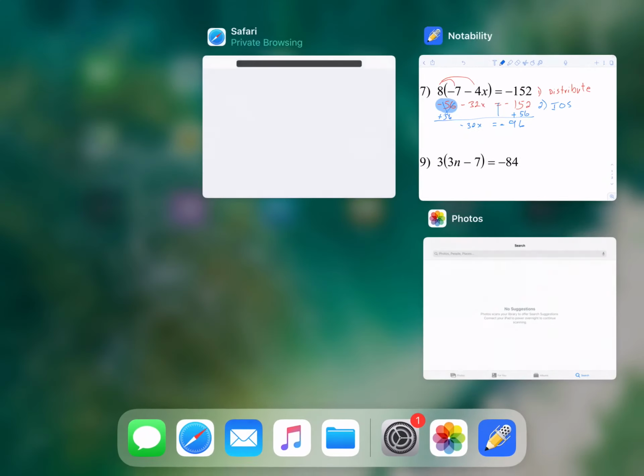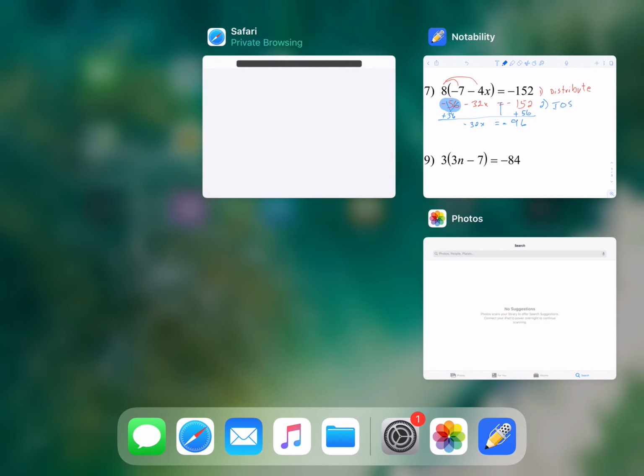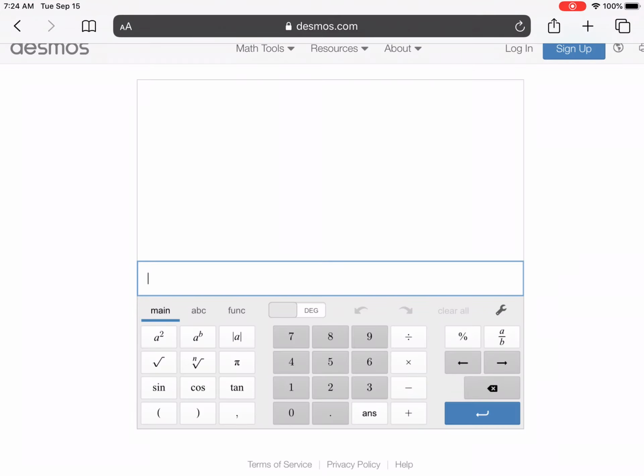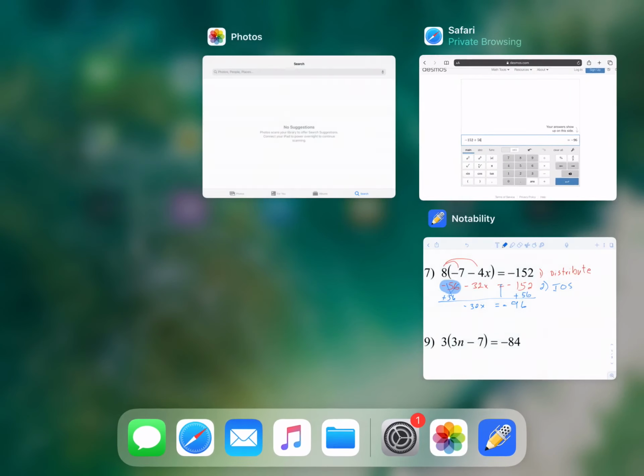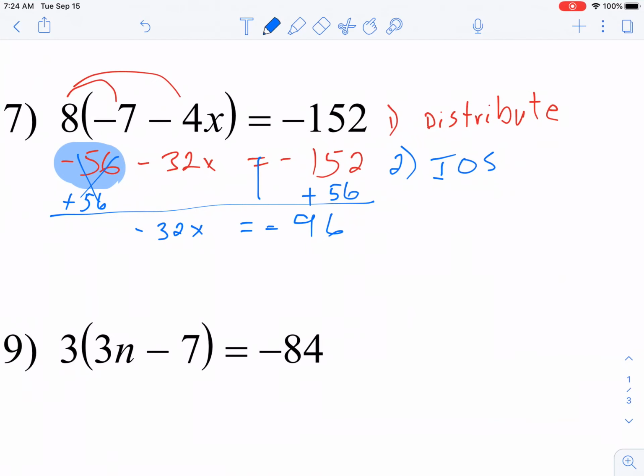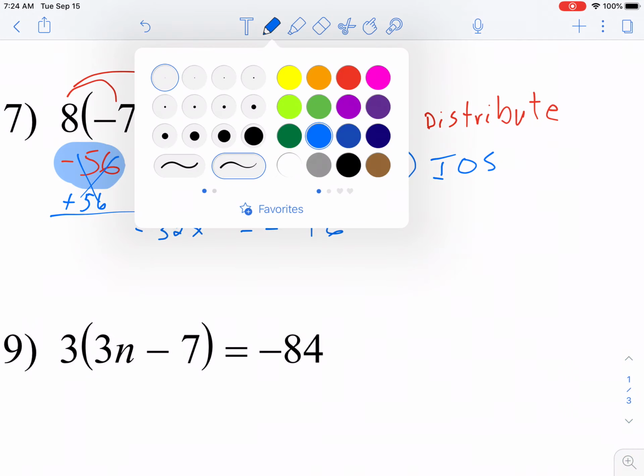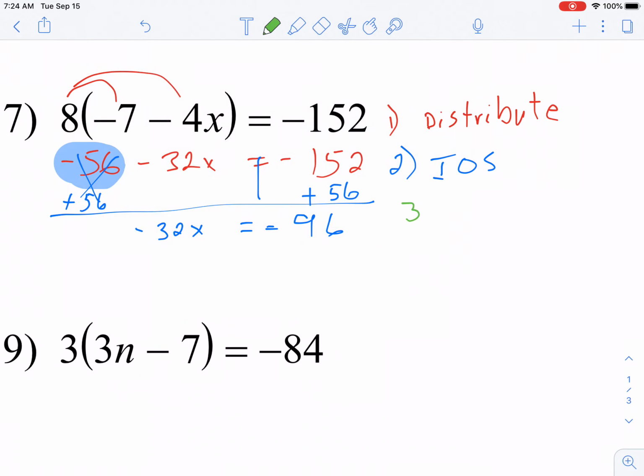And we'll double check that just to make sure. So negative 152 plus 56. I said minus a second ago. Negative 96. And so then our next step, and our last and final step, is to do the inverse of multiplication.